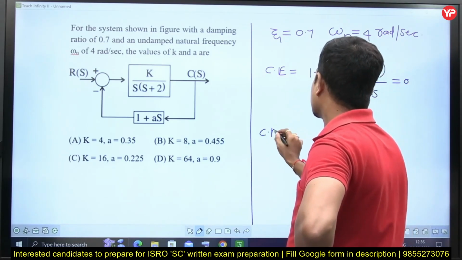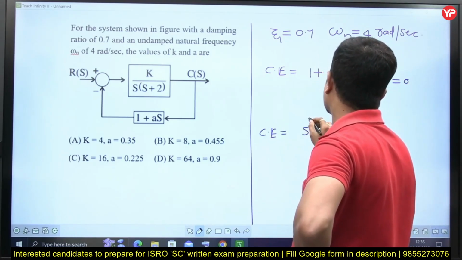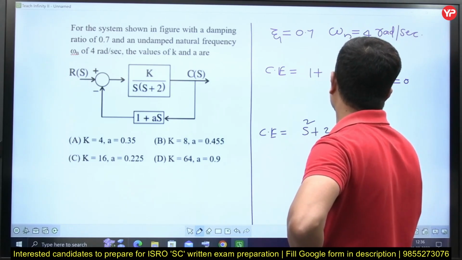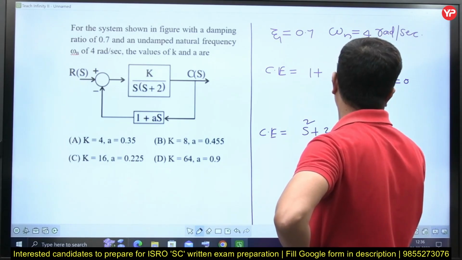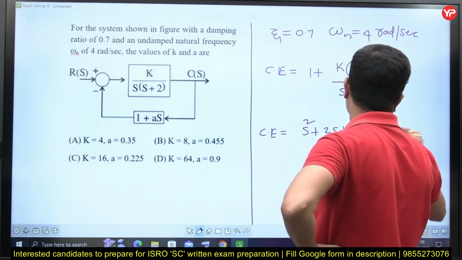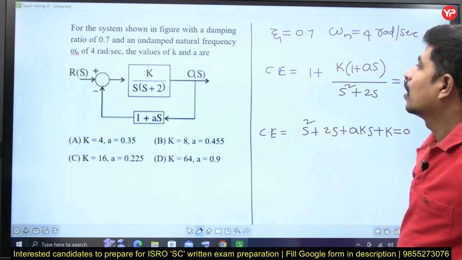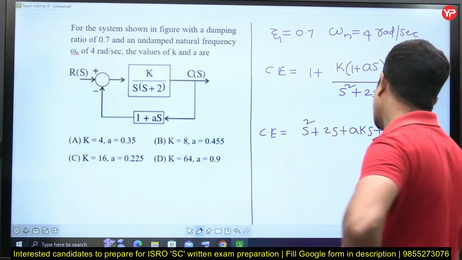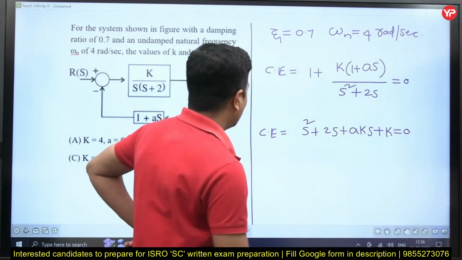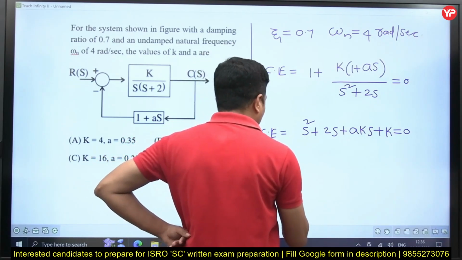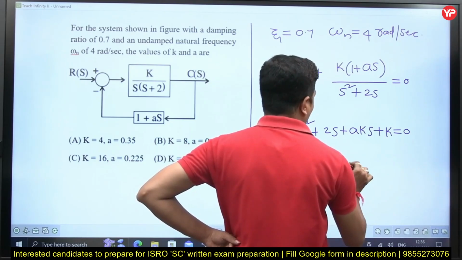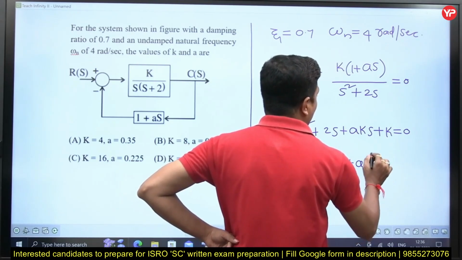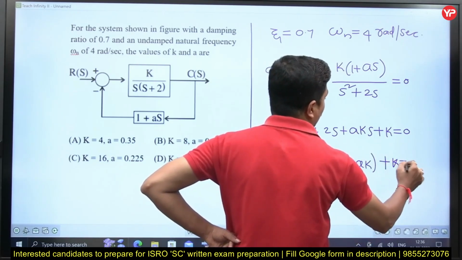So the characteristic equation is s square plus 2s plus aks plus k equal to 0, right? Then he is asking the values of k and a. Here we have to think very clearly while doing the calculation. So s square plus, taking s common, 2 plus ak, plus k is equal to 0.